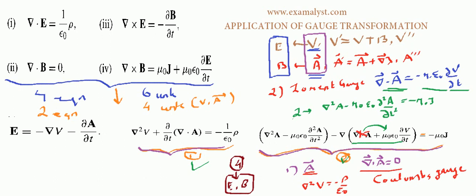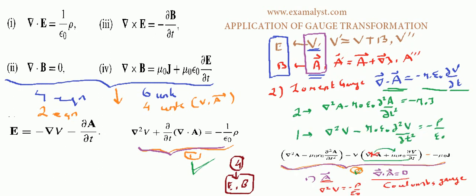Then when you use the Lorentz gauge in the first equation, it will look like this. Now Lorentz was very happy, because this big equation 1 and this equation 2 have become nothing but two simple wave equations.